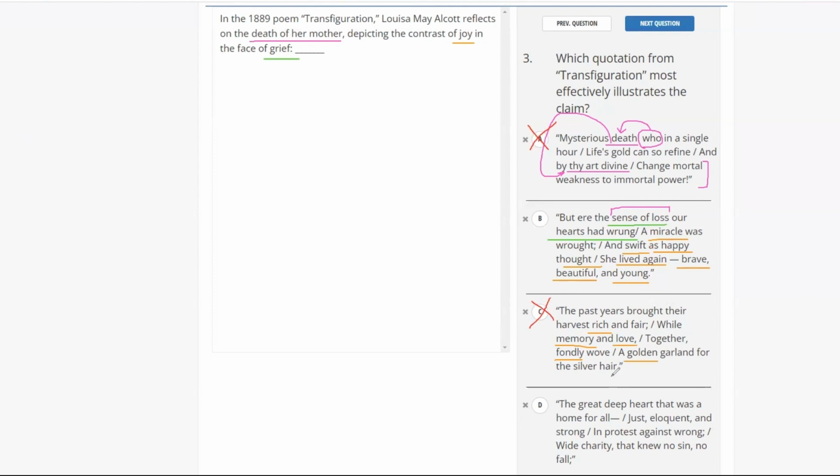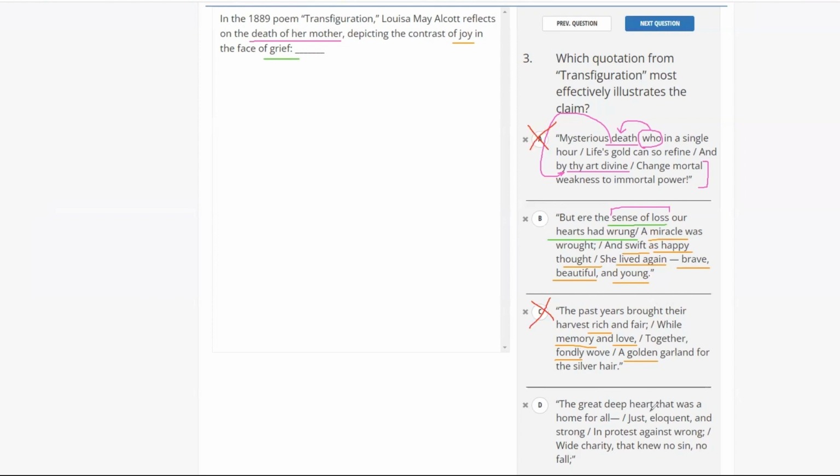Let's move on to choice D. The great deep heart that was a home for all, just, eloquent, and strong. In protest against wrong, wide charity that knew no sin, no fall. All right.